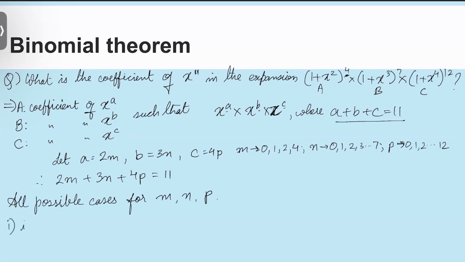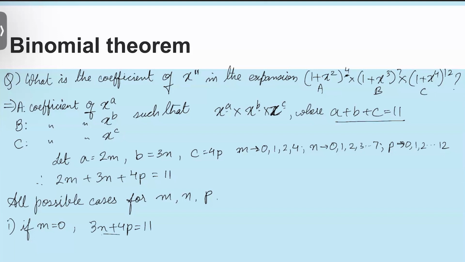If m is equal to 0, what you will end up getting is 3n plus 4p equals 11. Now suppose you take n equal to 1 and p equal to 1, so you will get 7.